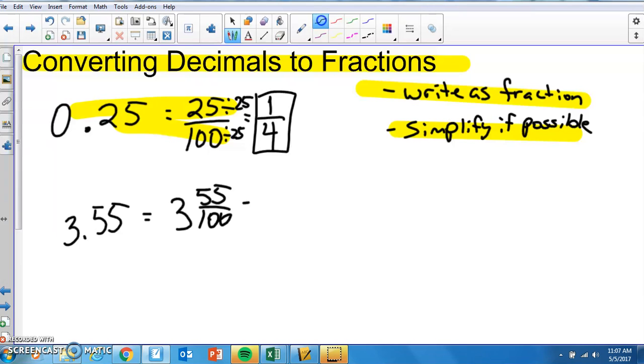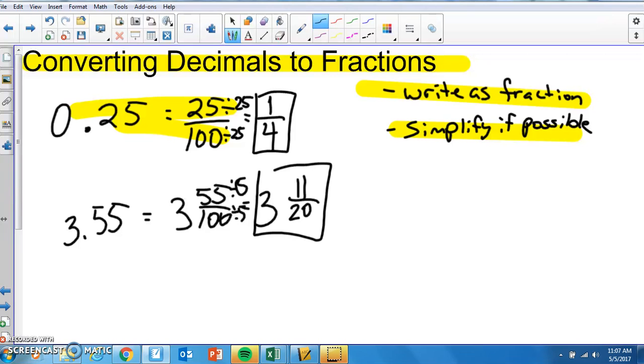And we just start simplifying. 55 and 100, they can both be divided by 5. I try to make it easy on myself. 55 divided by 5 is 11. 100 divided by 5 is 20. 11 and 20 do not simplify, so that gives us 3 and 11/20. Now, that is the mathematical way. Basically writing it the way it sounds.